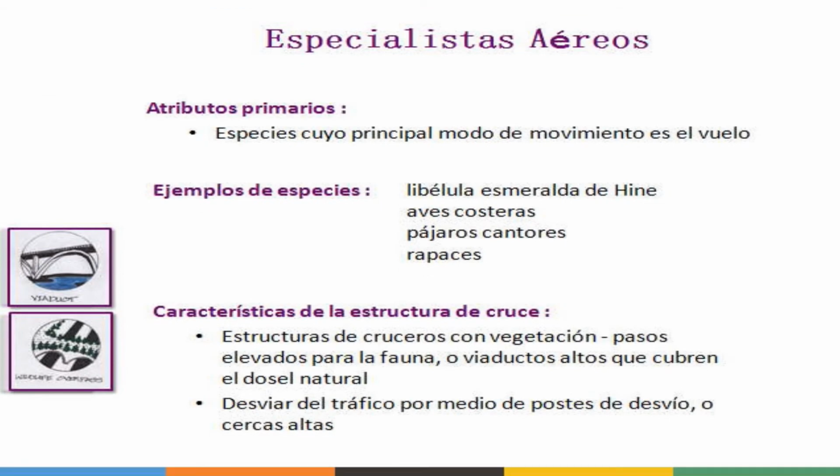Okay, and then the last category are those specialists that want to stay above the road. They want to stay flying. But sometimes, you think, really, do we need crossing structures for animals that fly? Birds, bats, bugs? Well, the answer is sometimes yes, because especially with bats, we know that bats will use underpasses.